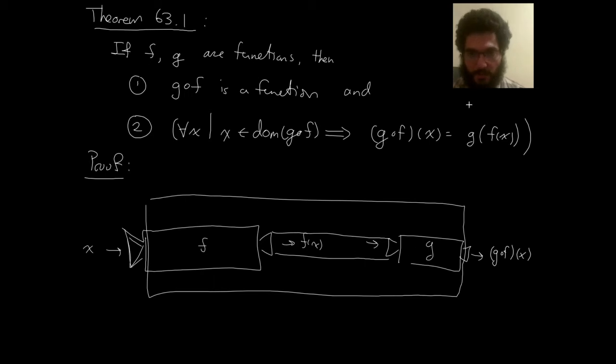So this is sort of telling you that if you mush the f machine into the g machine like this, with this one on the left and that one on the right, connecting the pipe specifically from the output of f to the input of g, then that is the machine you're creating when you create g composed with f.